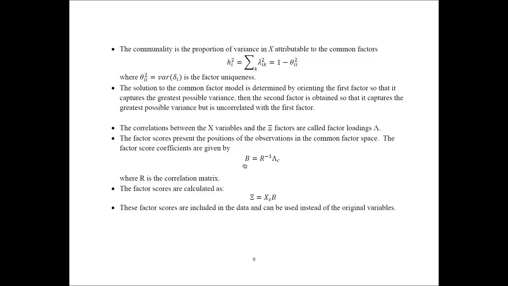So we can obtain these factor score coefficients. Once we have them, we could calculate the factor scores as psi equals xs times beta, where beta is the factor score coefficients and xs are the original variables. These factor scores are included in the data, and they could be used instead of the original variables.